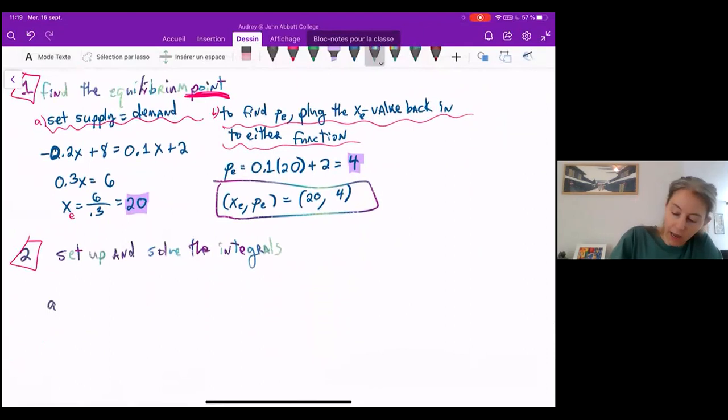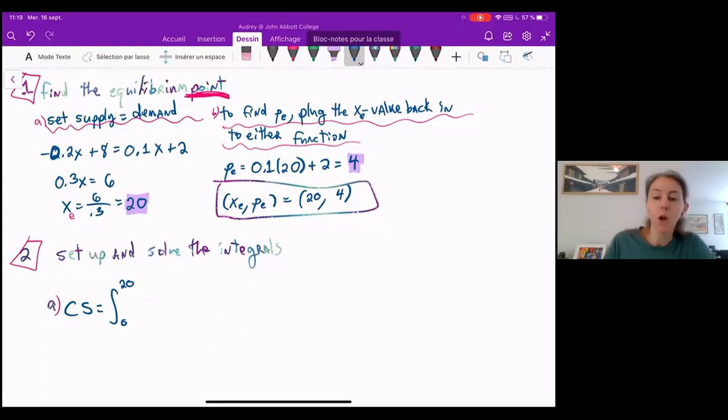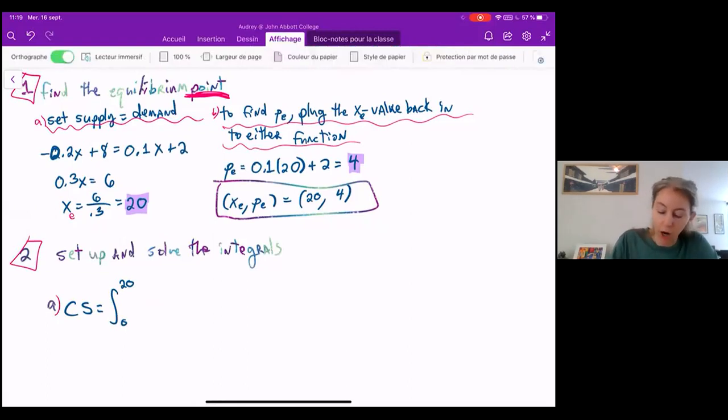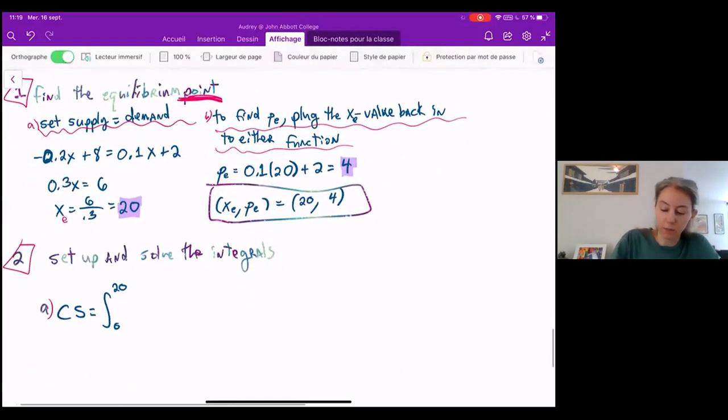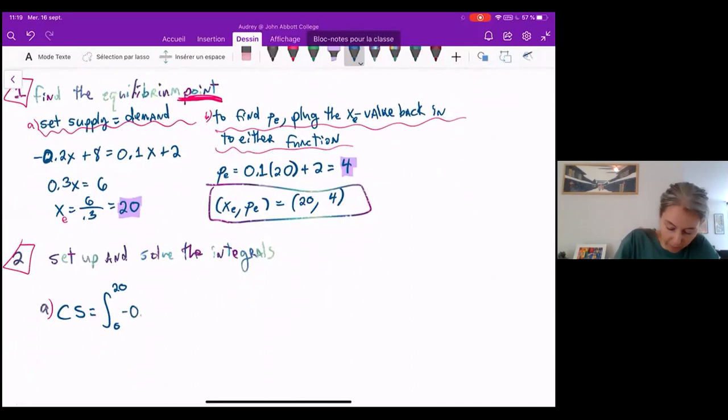In A was to find the consumer surplus. So consumer surplus was equal to the integral from 0 to x sub E, that's 20. And then we know that the demand function is the one that's associated with consumers. So we have our demand function, negative 0.2x plus 8, minus our equilibrium price, so that's minus 4 dx.